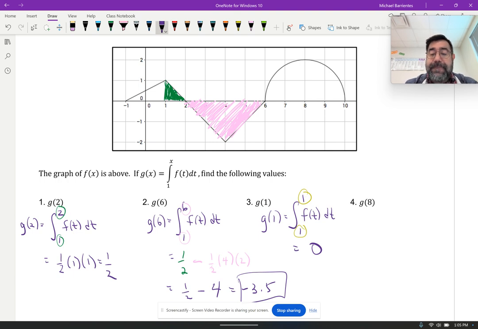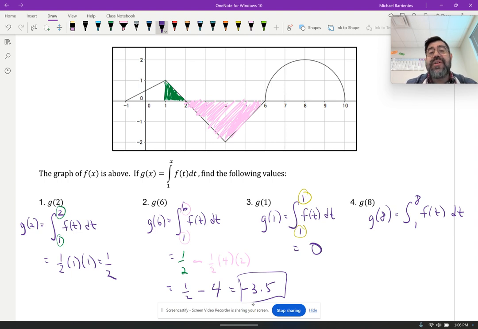And then finally, number 4, g of 8. This will be the last one we do. So g of 8, according to the definition, is the integral from 1 to 8 of f of t dt. So let me talk about why these are not x's. We already have x as the function variable for g, so I can't use x here because then I would confuse this variable with this variable.